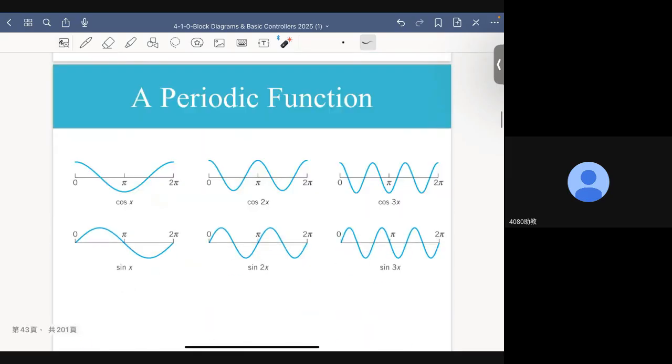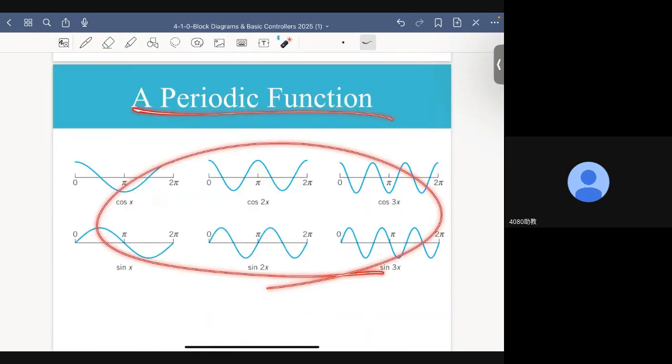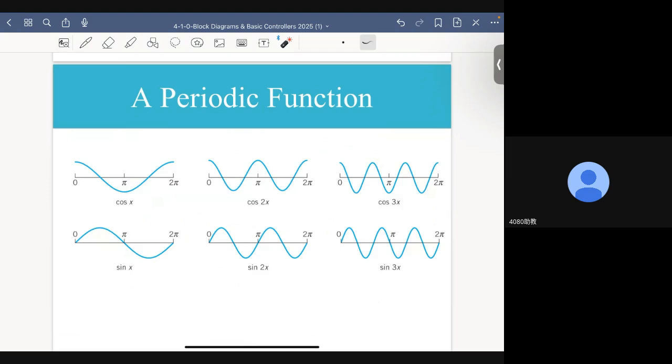Now, these are examples of periodical functions. As you can see, sines and cosines, regardless of their frequency, are all periodical functions. One special property of a periodical function is that, by definition, it lasts forever. That is, it goes from minus infinity to positive infinity.